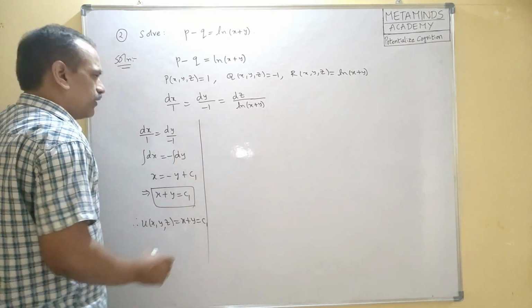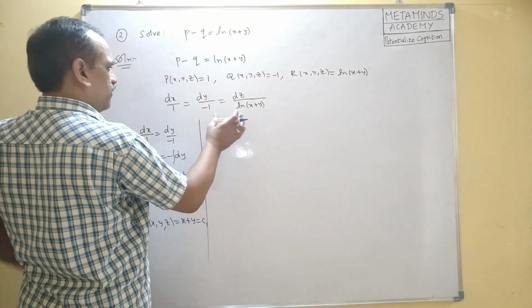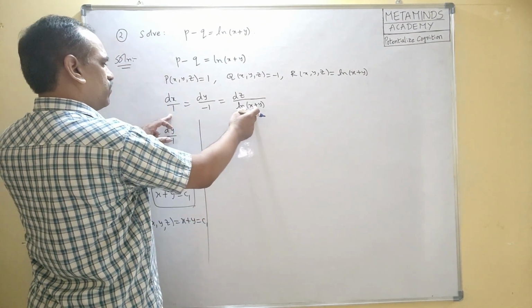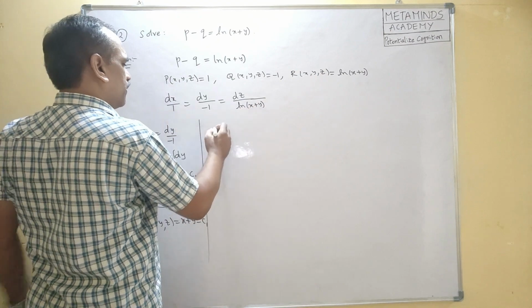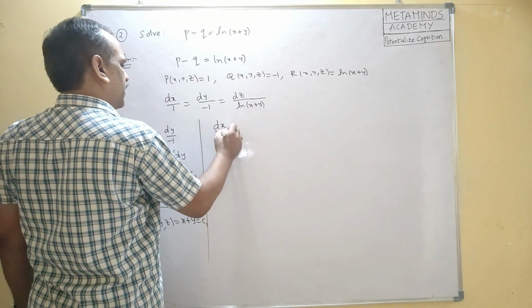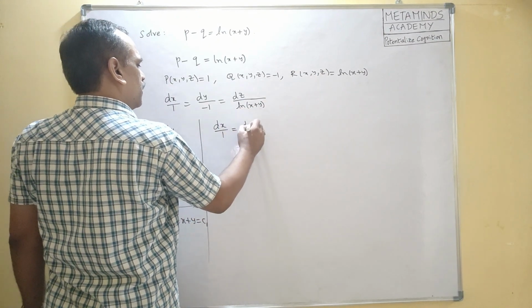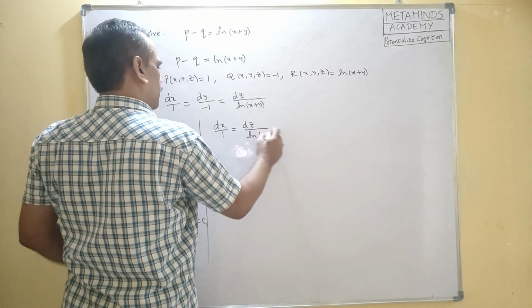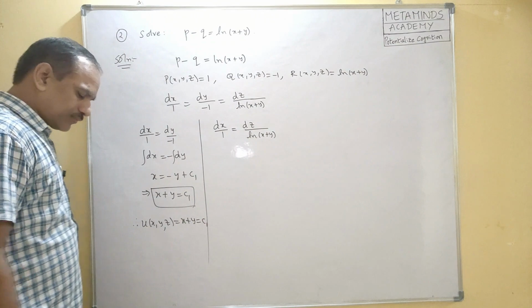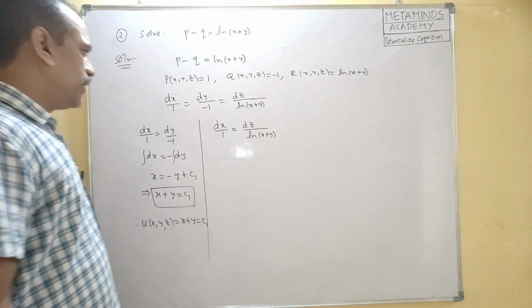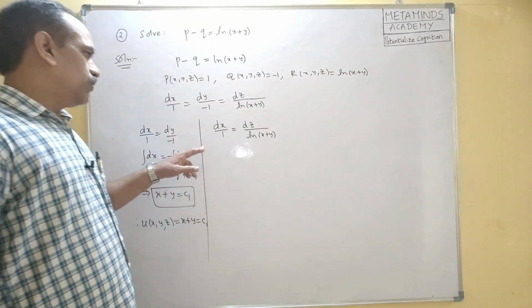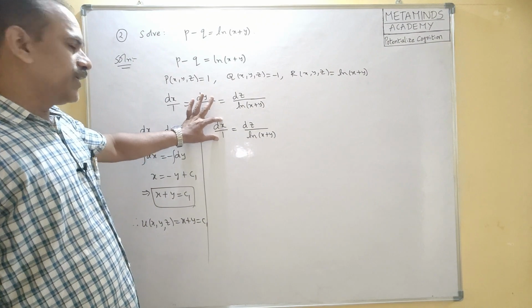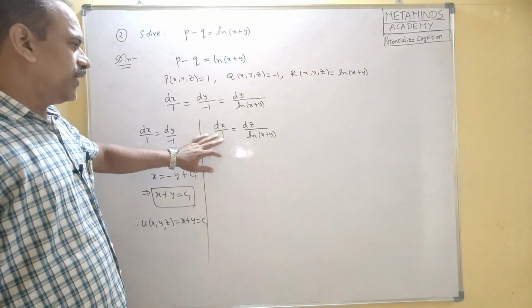Coming to the second one, you consider the first one and the last one, this pair. Let us say dx/1 = dz/ln(x + y). Here the problem is, you have no problem with dx because you can integrate: integral dx is x.